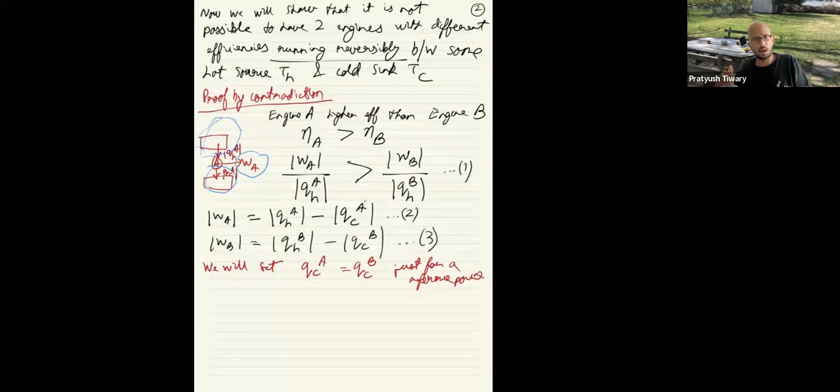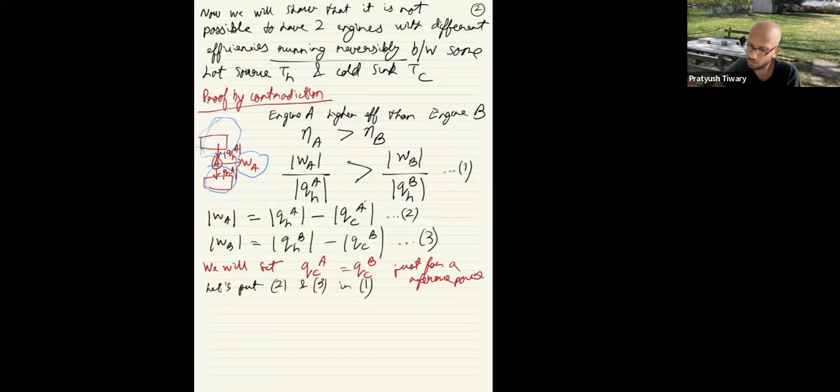So if you are giving out the same amount of heat to a cold sink, what happens in this case? Okay, so let's work with this. In order to do this, first, let's put 2 and 3 in 1.